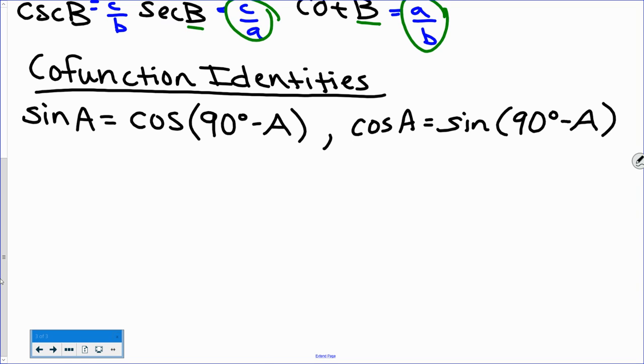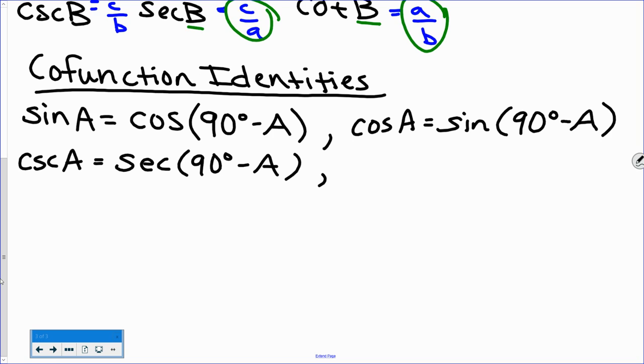And we saw above that cosecant was equal to which trig function? Secant, if I used the other angle in that triangle, which would just be 90 degrees take away whatever that angle is. Same thing goes if I put secant first.